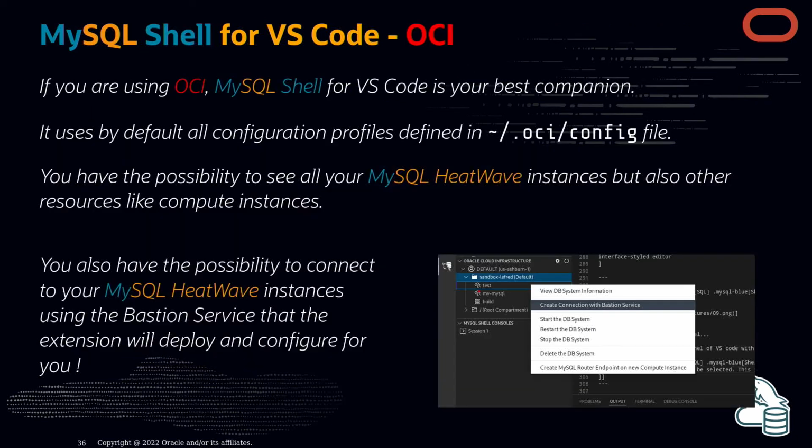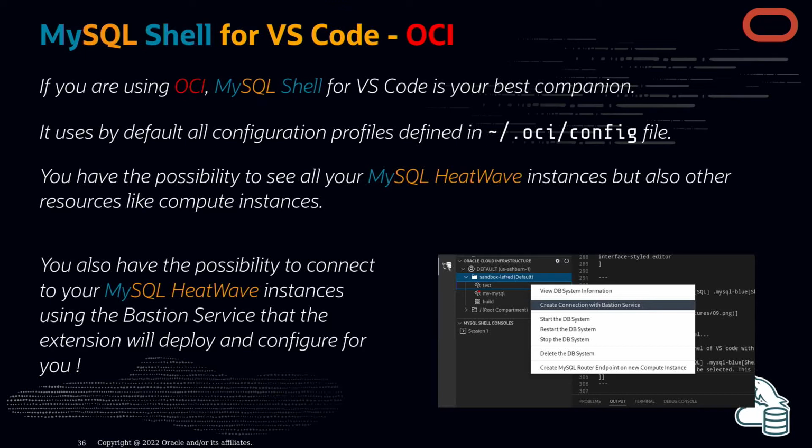Okay. So now, if you are using OCI, you can also use this MySQL Shell extension for VS Code, and it will be your best companion. To be honest, I'm using OCI, and everything OCI related to MySQL inside of the extension is very easy to use.